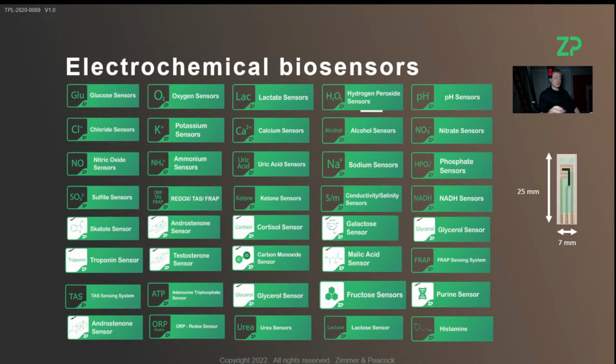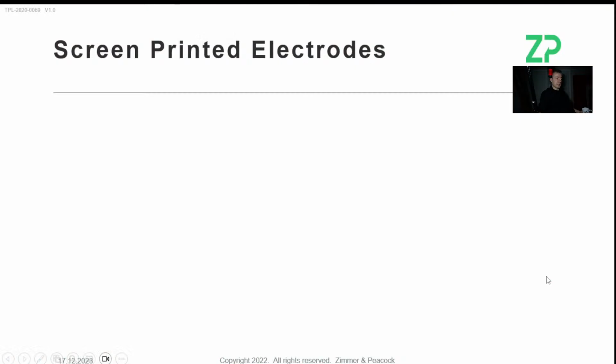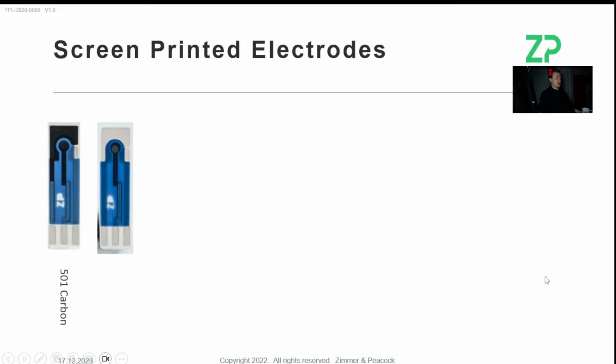Let me go forward a little bit faster and say that many people come to us at ZP because we have quite a portfolio of electrochemical sensors, and the list is getting longer these days. Just out of interest, a lot of the electrochemical sensors I'll talk about today are what I would call our IVD, in vitro diagnostics, sensors. They're 25 millimeters long and 7 millimeters wide, just FYI. We do a lot of screen printed electrodes.